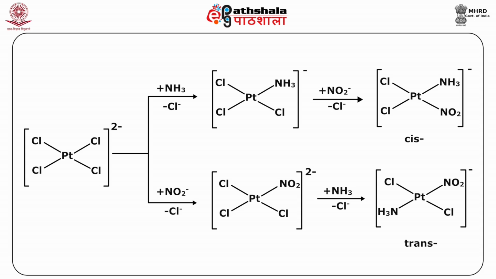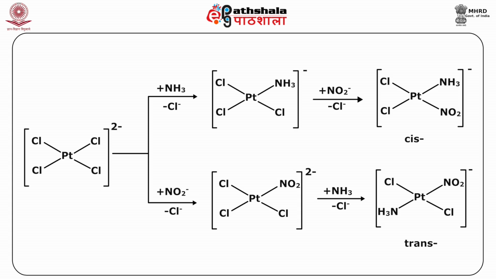But in this case, we are treating with NO2 first, and let us see what happens. NO2 minus joins one of the possible positions out of 4. As I told you, the dipole moment of this platinum tetrachloride complex is 0, so any of the positions can be occupied by one NO2 negative.